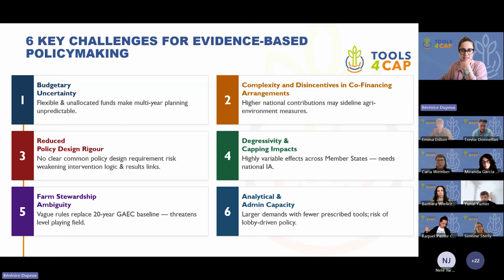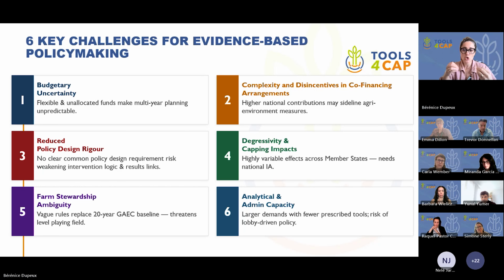The third risk is that there is a risk of reducing, I would say, the overall quality of evidence-based policy unless the potential impact of new policy measures is interrogated by researchers and policy makers.